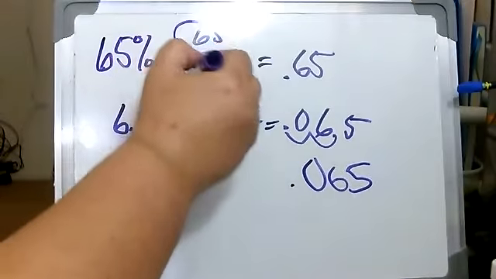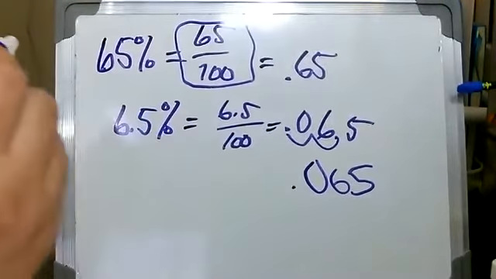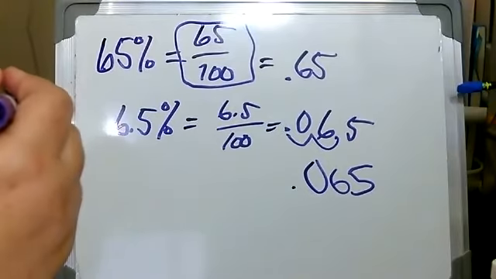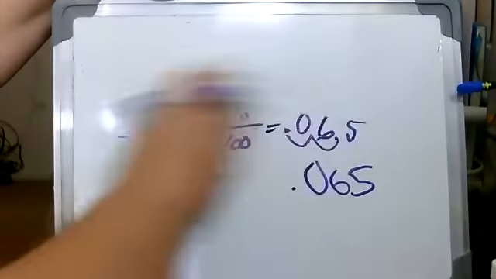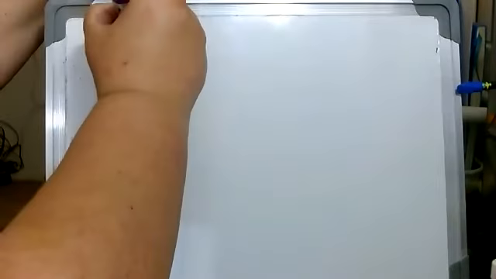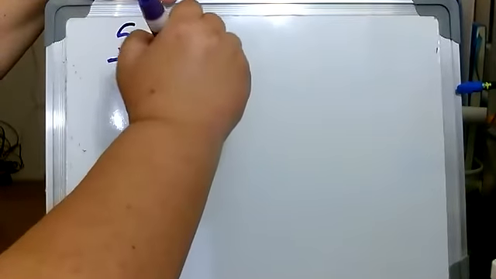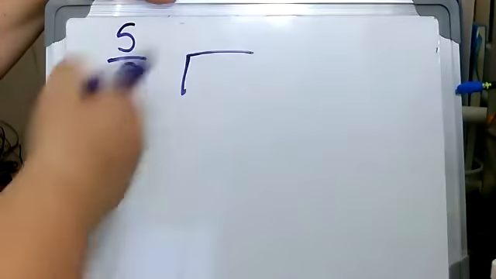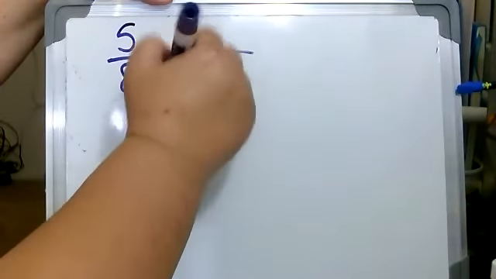Okay, to turn a fraction into a percent, you divide the numerator by the denominator, and that's how you would work that out. But if this number wasn't 100, if it was, say, just a fraction, let's say 5/8, and you want to find out what the percentage is on that, the same way that you were trying to find a decimal, you would put your 5 in here and your 8 there.